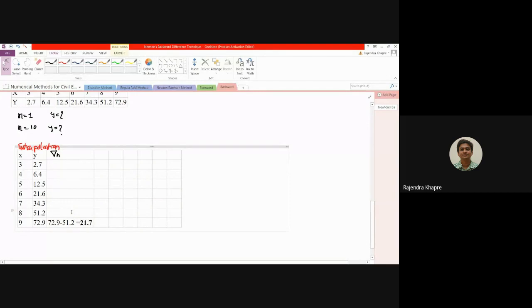Okay, here what will be there? 51.2 minus 34.3, isn't it? How much is this? 16.9. And here this will be 34.3 minus 21.6, that is 12.7.